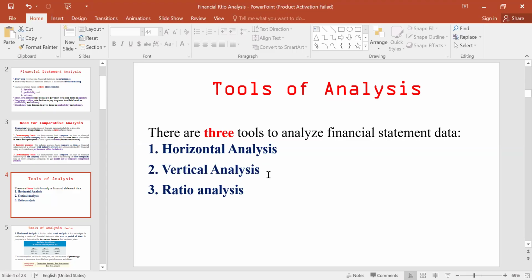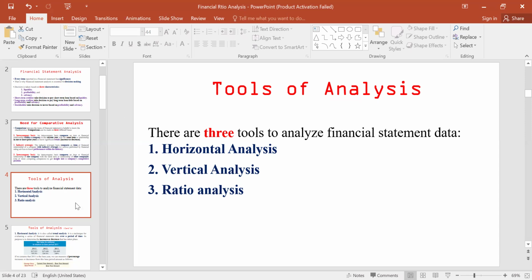Vertical means up and down: you find your figures from top to bottom and then analyze. Ratio analysis compares more than one item, and it is based on proportion.